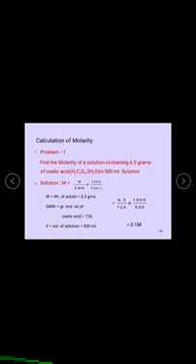Then the answer is 6.3/126 × 1000/500, which equals 0.1 M.